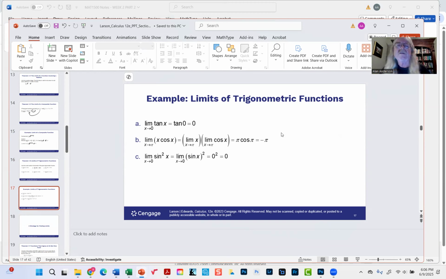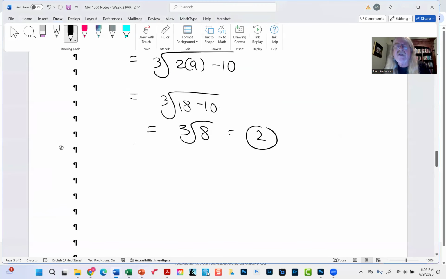Now, here's an interesting one. This is one of those cases where trying to take the limit directly of x times the cosine of x. I guess in this case it would have worked if you just did direct substitution, but it might be a little quicker and easier to break it up into a product like this. It's not necessary, but if it's convenient, you can feel free to do it.